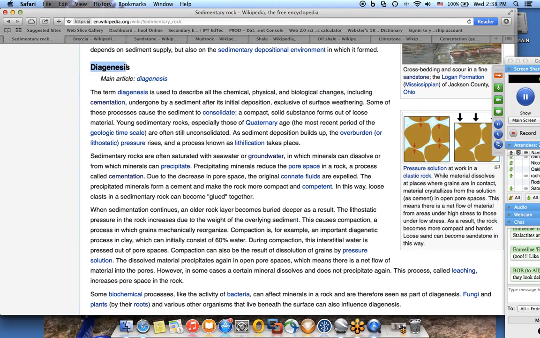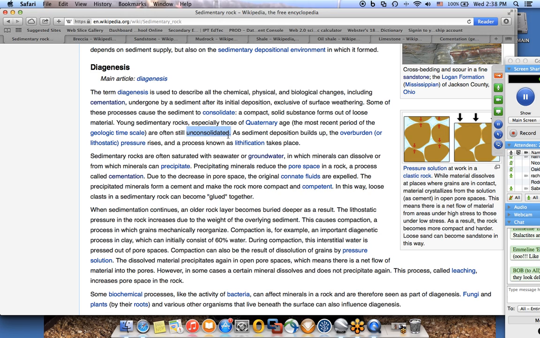The diagenesis. So what is the starting process of these sedimentary rocks? See how these sentences say: young sedimentary rocks, especially those of Quaternary age, the most recent period of the geological time scale, are often still unconsolidated.